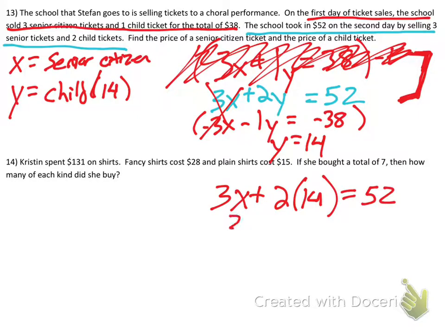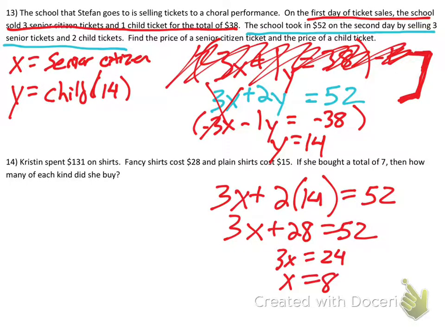And then from there, just do the algebra. So I know that a senior citizen ticket is going to be, make sure you label, $8, and a child is going to be $14.